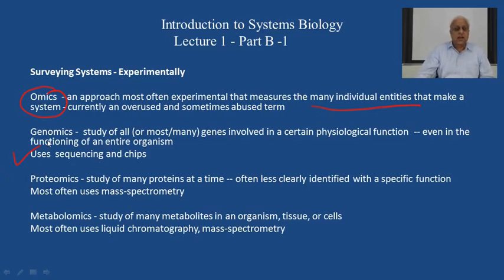Proteomics, in contrast, studies many proteins at the same time. It's harder to have all these protein changes clearly associated with a specific function, but nevertheless newer studies are starting to do this quite successfully.